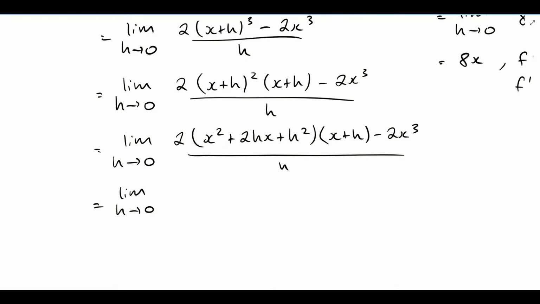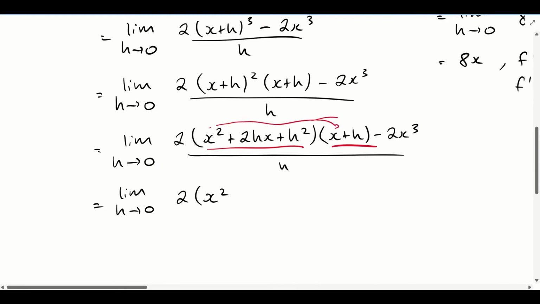But if we continue through here, I'm now going to expand these two brackets. So I'll do them in red, that bracket and that bracket. So if we do that and we leave the 2 outside, we're going to do x to the x there, and then to the h, and then the 2hx to the x, and then to the h, and so on. So we end up with 2 outside of x cubed. Okay, x squared times x is x cubed.